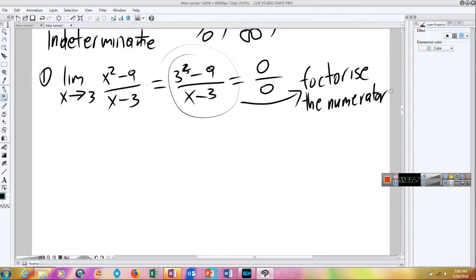If you're at this point and you don't know why, good. We're going to start the question from scratch and say the limit x tends to 3 for the function x squared minus 9 over x minus 3.